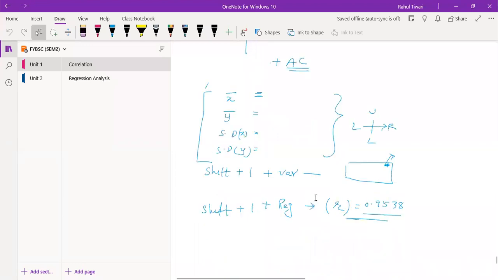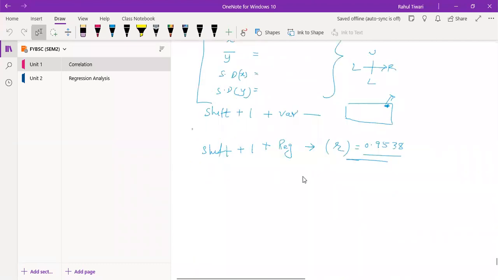Now again, follow the steps. This one, which I have circled in a rectangle: Shift plus 1 plus RAG.